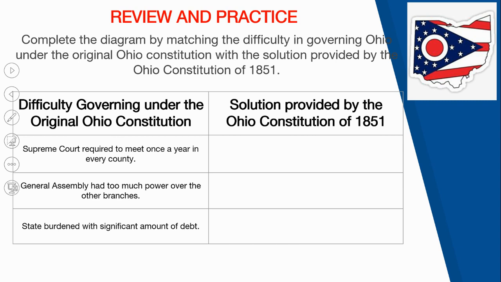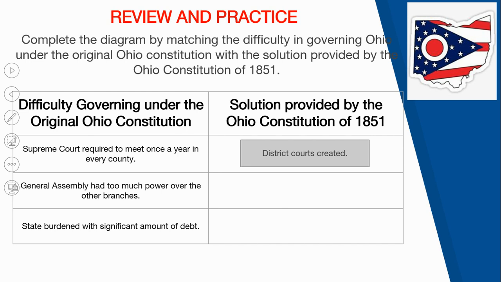Complete the diagram by matching the difficulty in governing Ohio under the original Constitution with the solution provided by the Ohio Constitution. So if we're looking at the first one, Supreme Court required to meet once a year in every county. What was the fix? Yeah. The district courts. District courts were created. So we took a lot of the pressure off the Supreme Court justice.